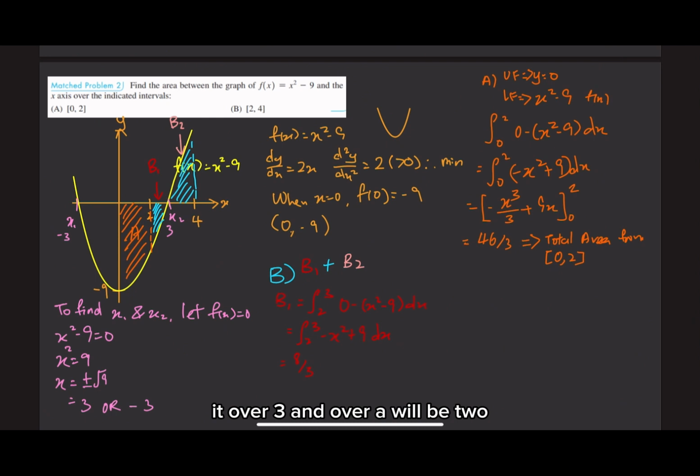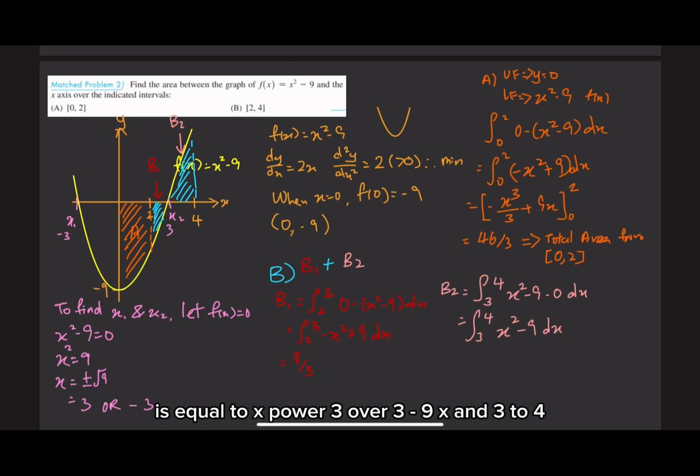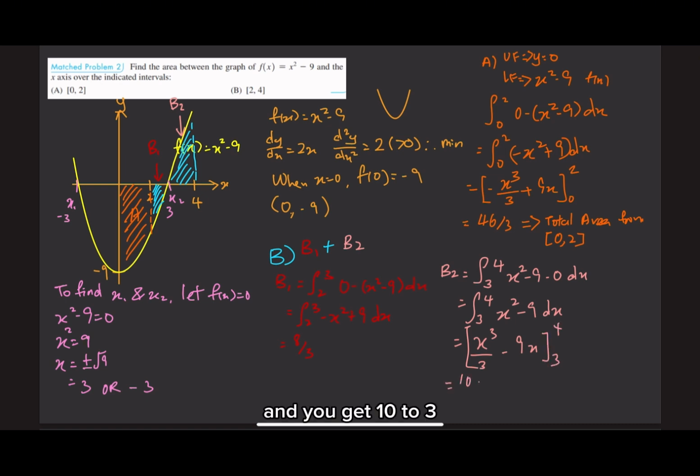And our area B2 is equal to the integral from 3 to 4, where our upper function is x squared minus 9 minus 0 dx. That is the integral from 3 to 4 of x squared minus 9 dx, equal to x cubed over 3 minus 9x from 3 to 4, and you get 10 over 3.